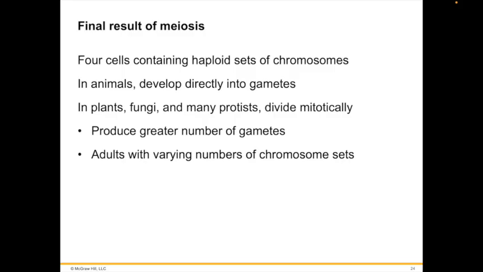One interesting variation on meiosis is observed in mammalian females, where the final products are a single egg and 3 much smaller polar bodies. So there are not 4 eggs produced per meiotic division.